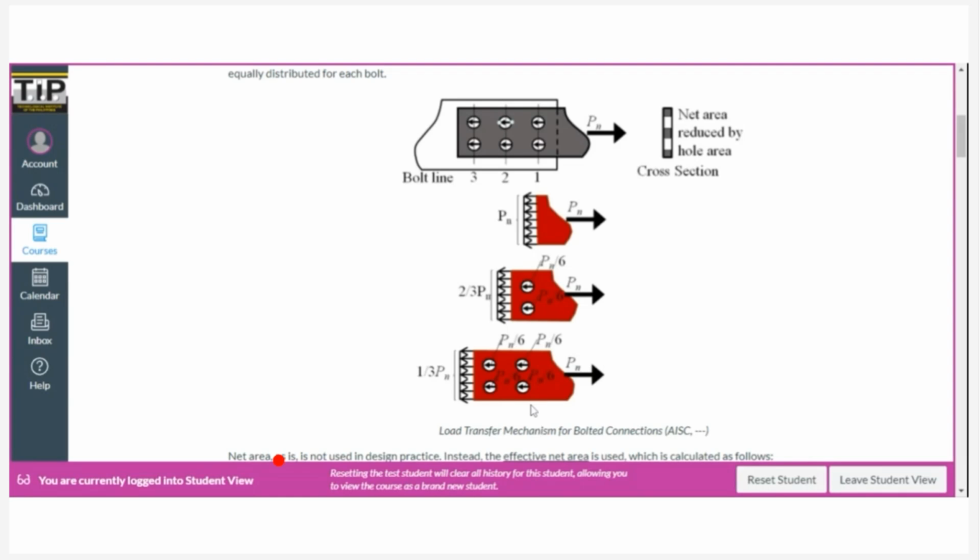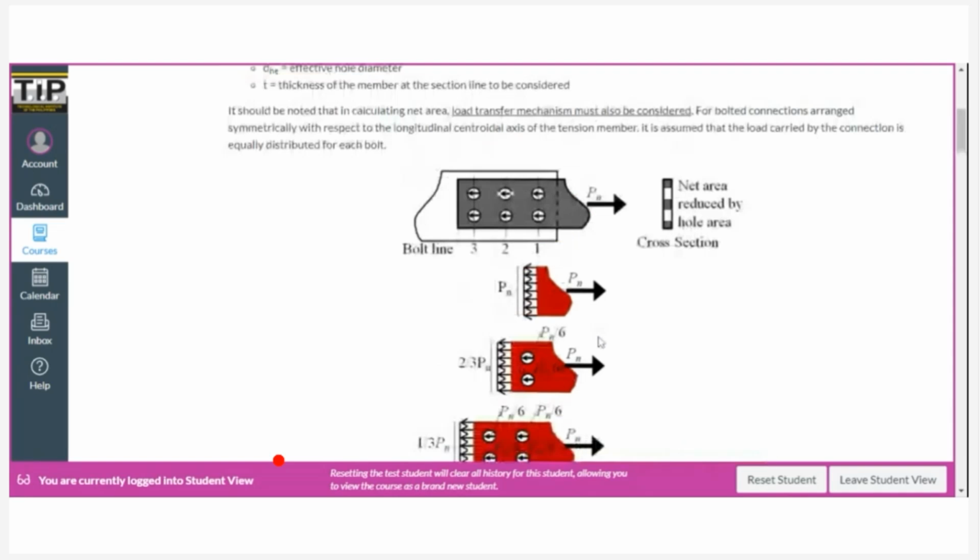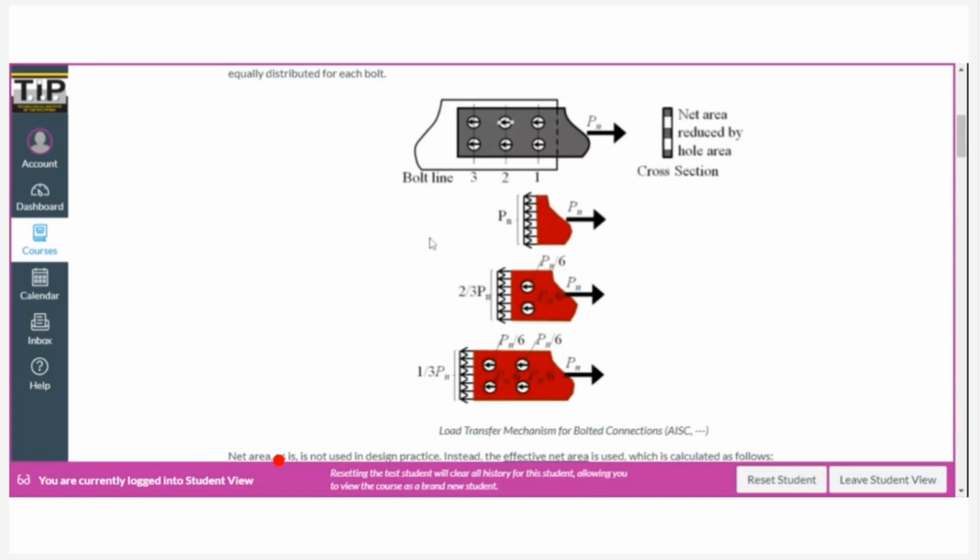So for calculating net area, we will be considering this. So how exactly do we consider this? We will be showing an example.